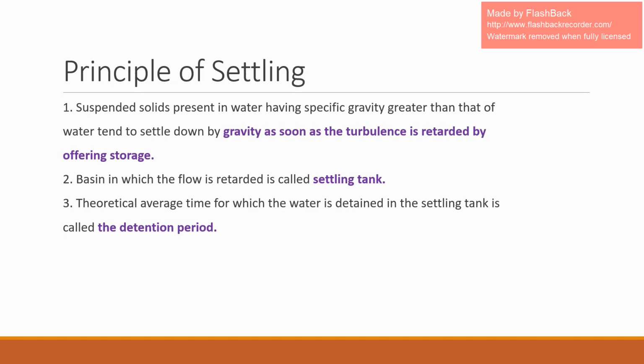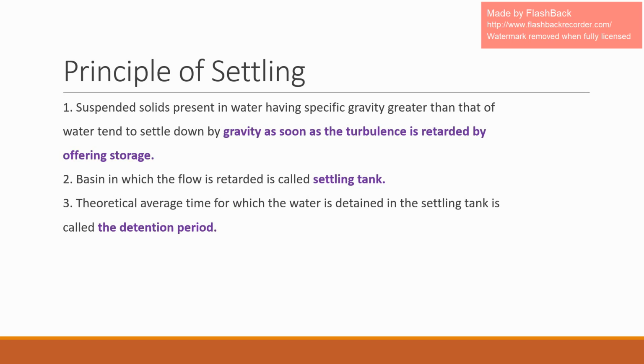Next one, principle of settling. As you know, suspended particles have a specific gravity greater than that of water. So under the action of gravity, these particles settle down, and turbulence is retarded by offering storage. A simple demonstration of this is to take a bucket, pour in water, and put in some suspended particles, some impurities like mud.